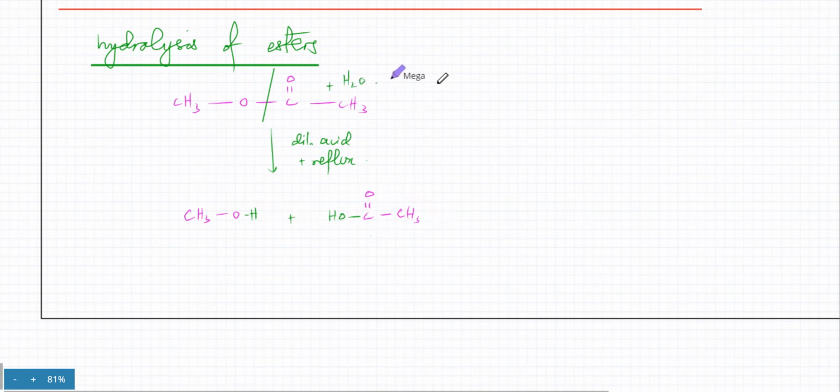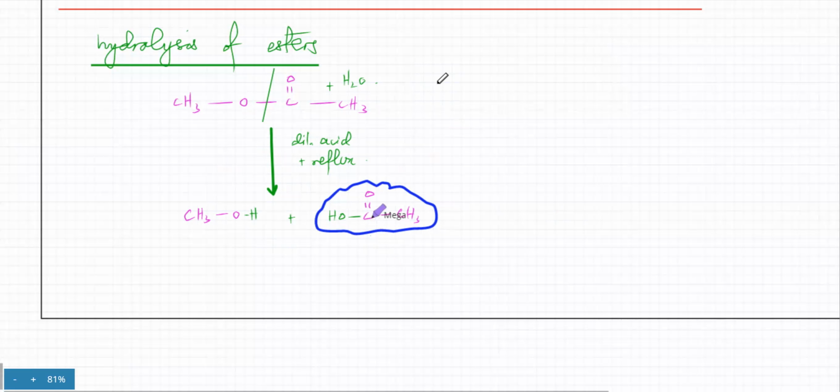So that's how your alcohol and a water molecule is going to get added to the ester. But the thing that you have to be very careful about is that the same thing happens in alkaline hydrolysis as well. You're going to lose marks for this if you don't do this.